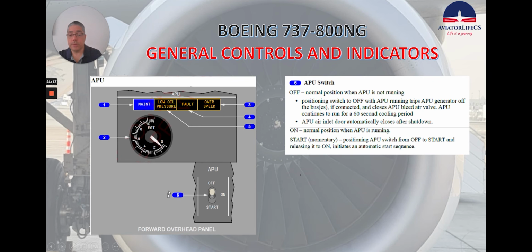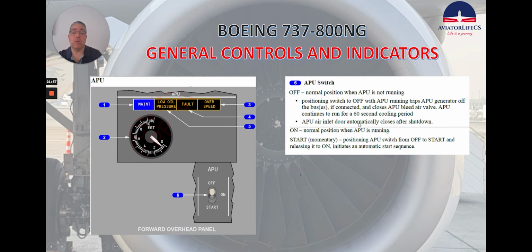APU switch in off, normal position when APU is not running. Positioning switch to off with APU running trips APU generator off the buses or bus if connected, and closes APU bleed air valve. APU continues to run for a 60-second cooling period.